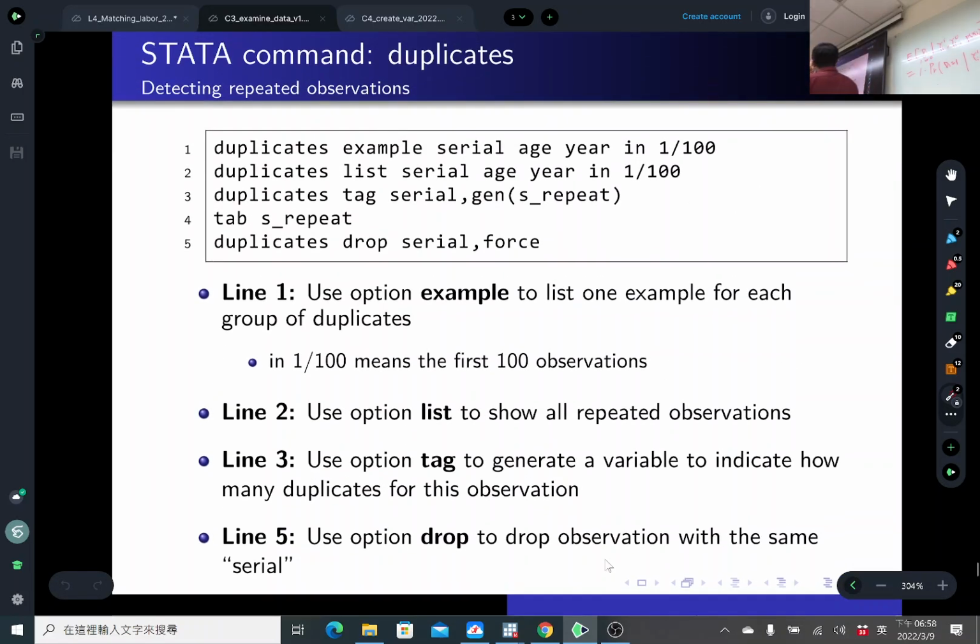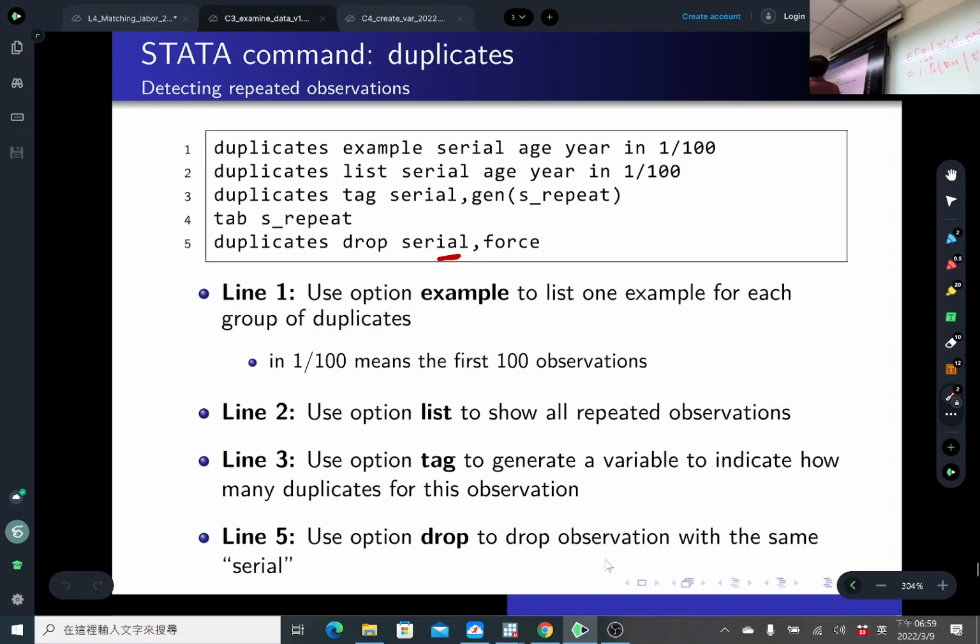And finally, you can use another option called tag. It will generate a new variable that lets you know how many repeated observations you have for specific observations. You can also use the option called drop to drop all the repeated observations in terms of this variable.